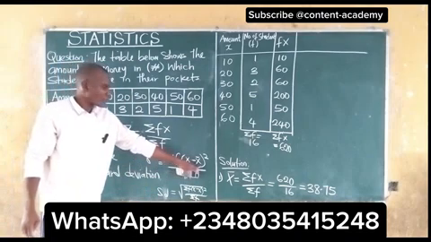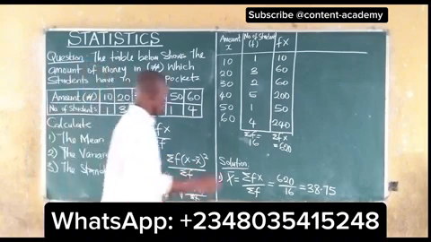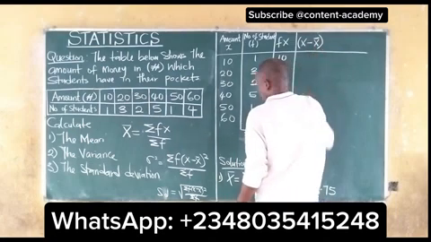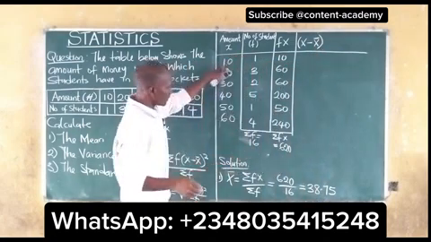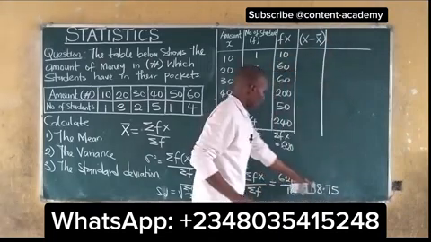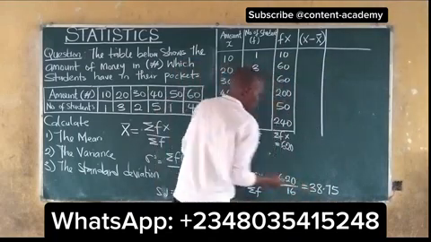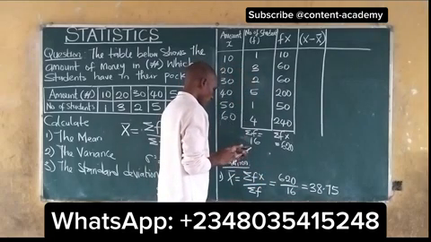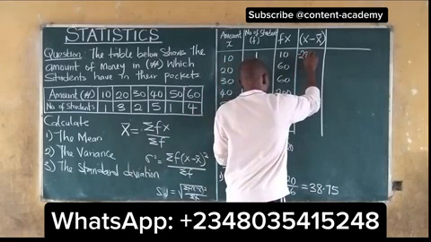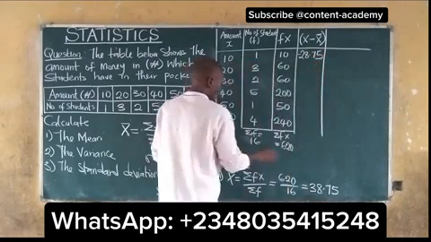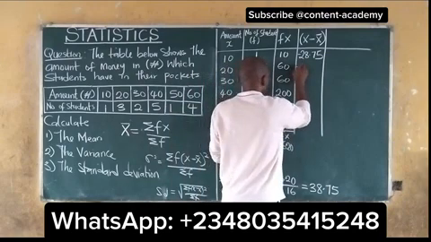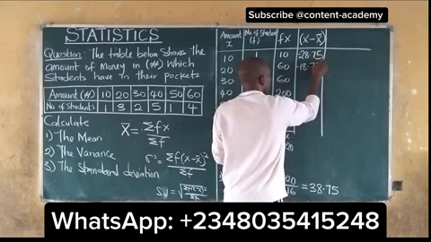So we'll solve for x minus the mean, the individual values of x minus 38.75, and we tabulate this. 10 minus 38.75 is minus 28.75. 20 minus 38.75 gives us minus 18.75.